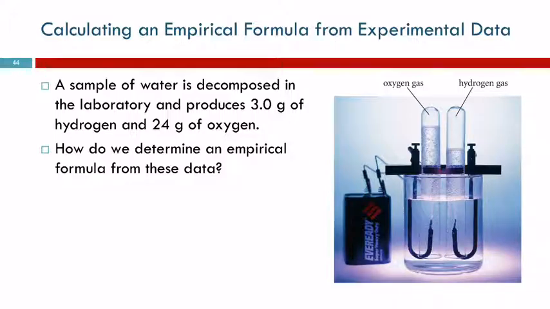One oxygen atom is 16 atomic mass units. A hydrogen atom is 1 atomic mass unit. So it takes a lot of hydrogen atoms to equal the same mass. So if we do this experiment and measure the gases, we get 3 grams of hydrogen and 24 grams of oxygen. How are we going to figure out what the empirical formula is?